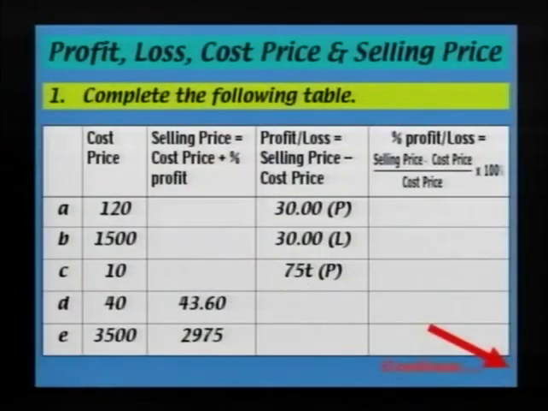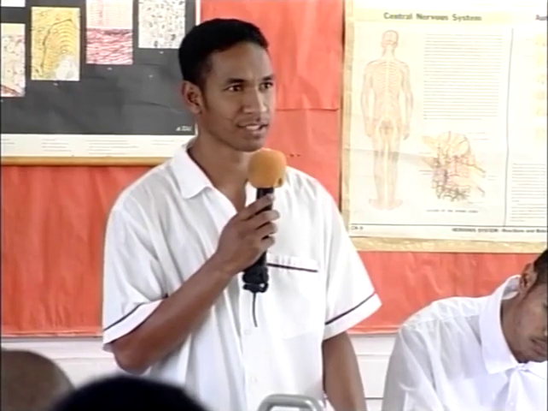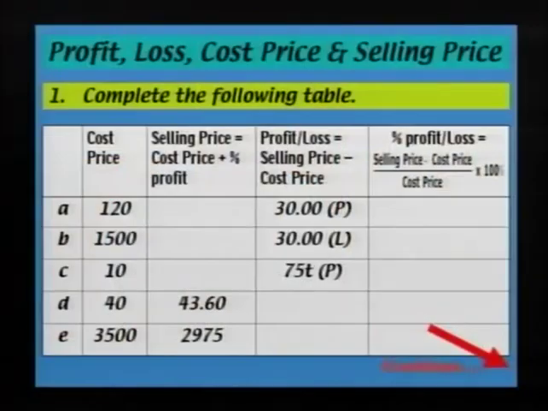Lester, next, E. 525 kina loss, percentage 15% loss.